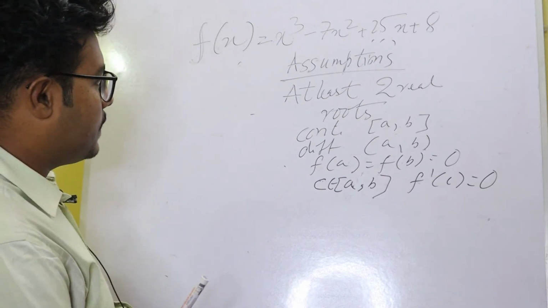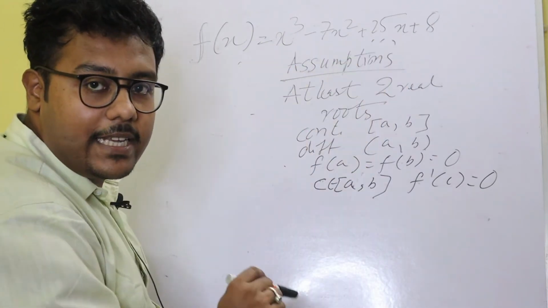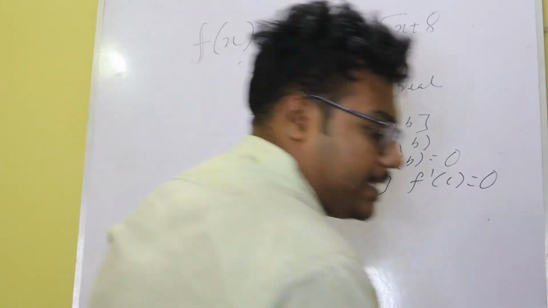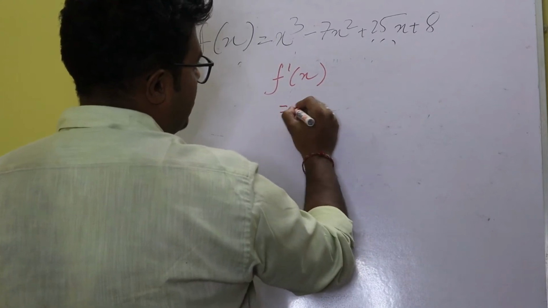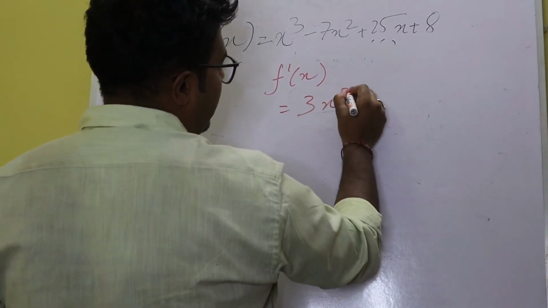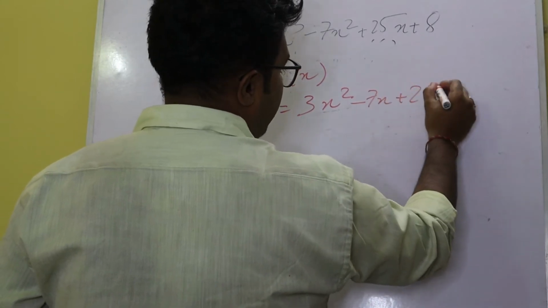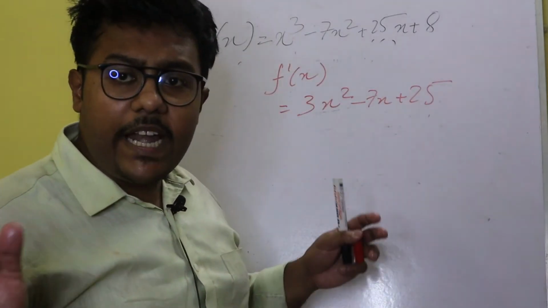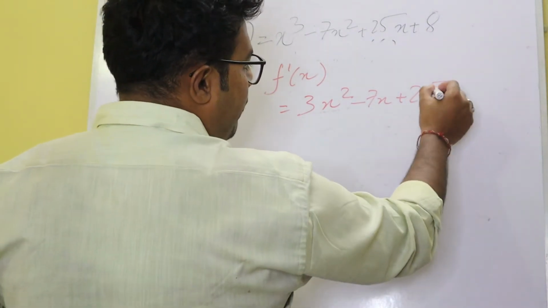Now to prove this, we have to differentiate this function, right? So now we are differentiating it. See, f dash of x will give us 3x square minus 7x plus 25. Now to verify Rolle's theorem, we have to equate this to 0. So we are equating this to 0.